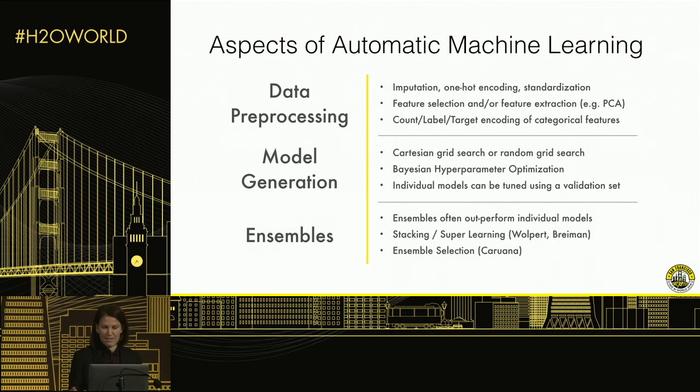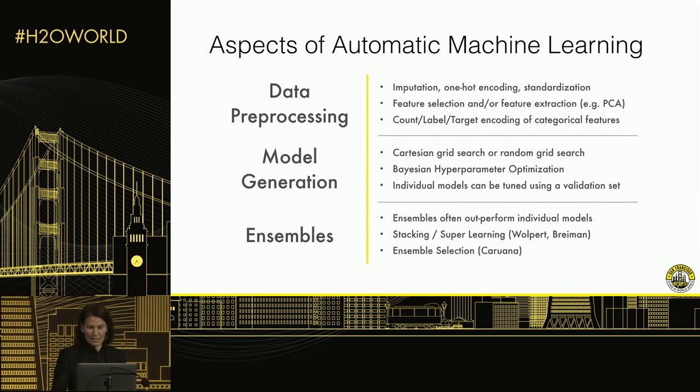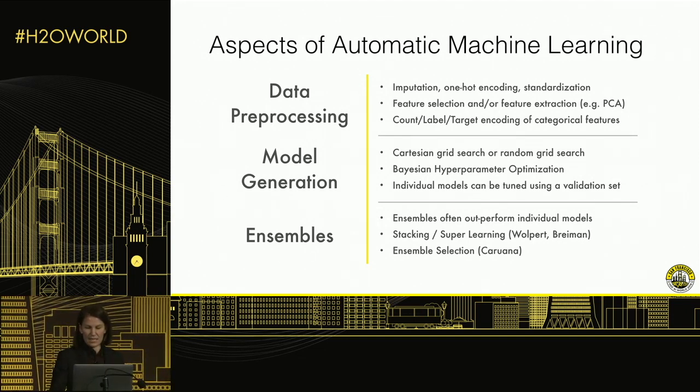There are different types of ensembles. The type that we do in H2O is called stacking, or stacked ensembles. It's also called super learning. It's all the same technique, just a few different names to refer to it. And there's another type called ensemble selection, which is a different, greedy approach to ensembling.